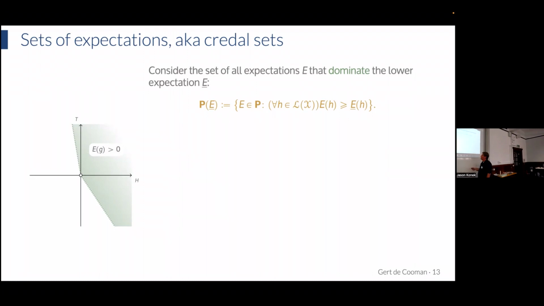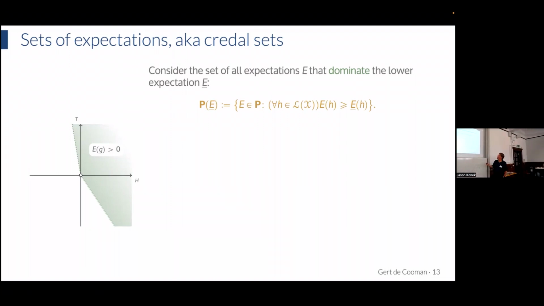So I have this cone of strictly desirable gambles for which the lower expectation is strictly positive. I'm asking you to look at the following set, the set of all expectations. Remember, P is the set of all possible expectation operators. I'm looking at the subset of those expectations that dominate the lower expectation.